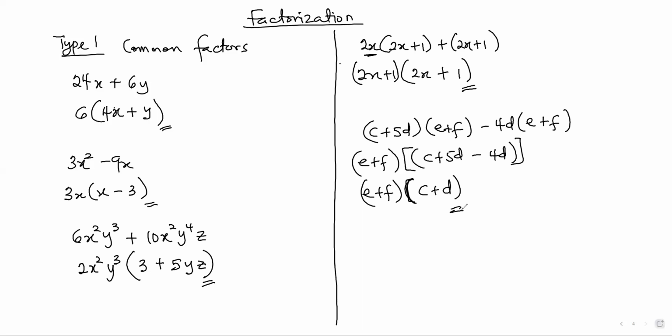All right, let's move on to type 2. So type 2 is called the method of grouping. In the method of grouping, we first group the terms in pairs so that each pair has a common factor. Then you proceed. So let's take some question.